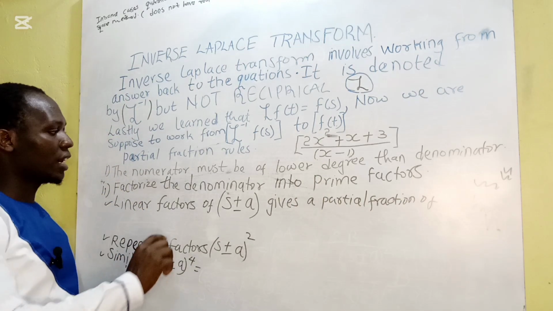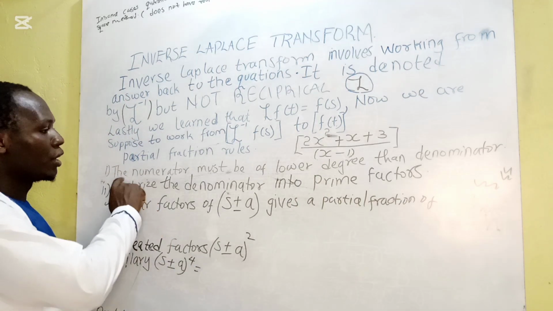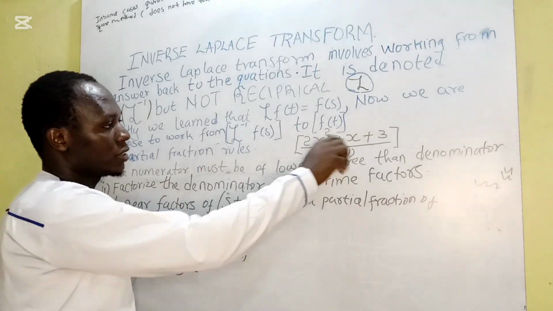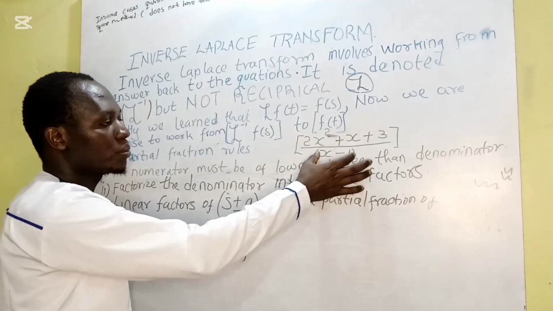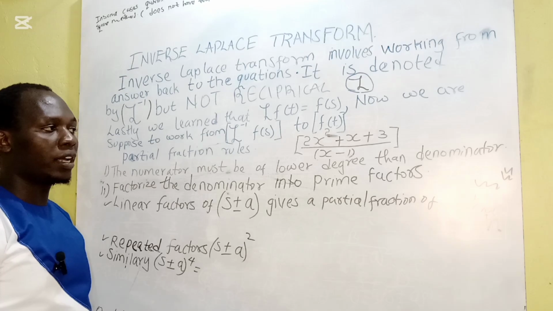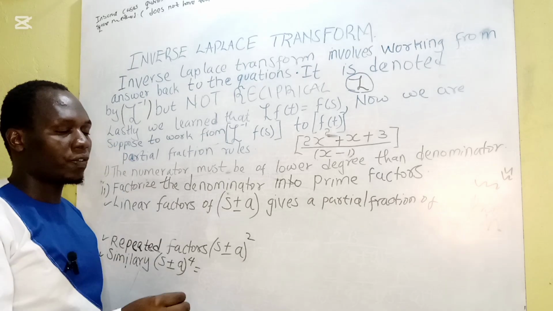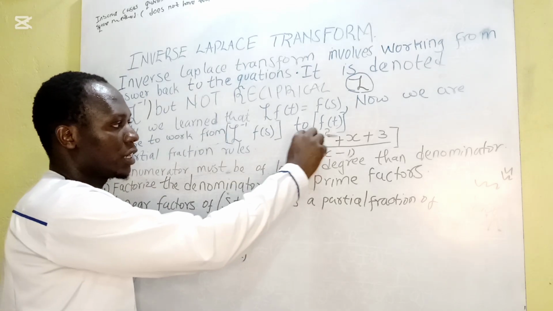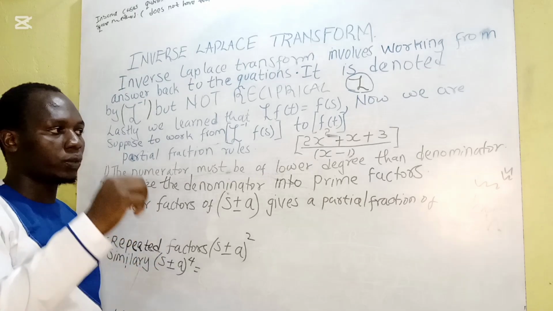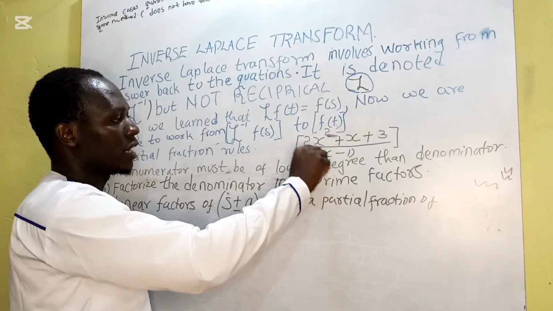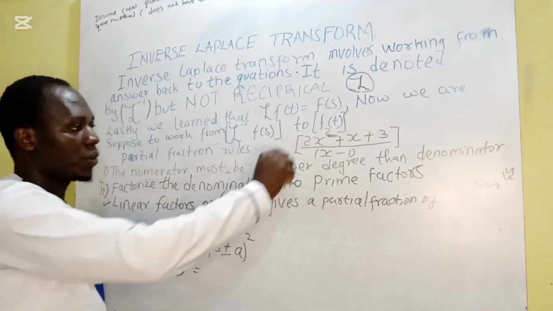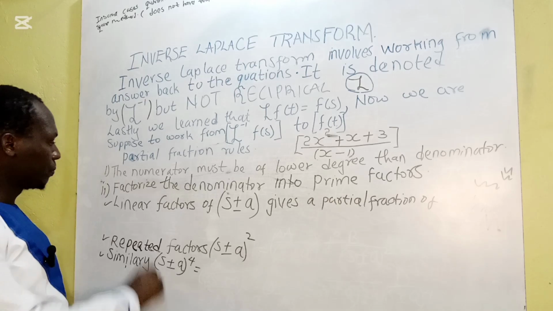But the rule says that in the partial fraction, the numerator, which is whatever we are having here, must be of a lower degree than the denominator. That means you must do your partial fraction correctly so that you can reduce the numerator to a lower degree than whatever we are having on the denominator.